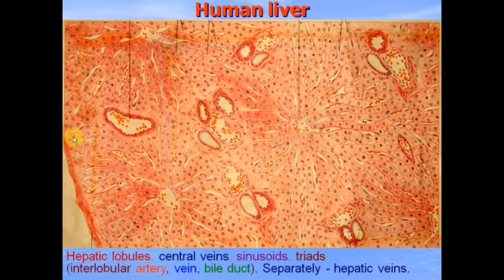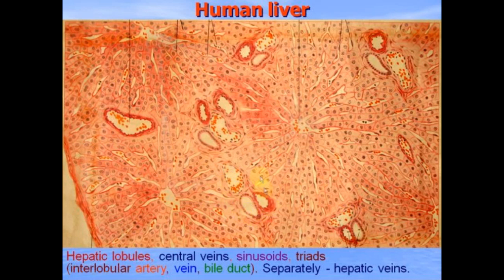This is a figure of human liver, with the connective tissue capsule around and lobules. In the center of the hepatic lobule there is the central vein and radially going sinusoid blood capillaries. Around the lobule are the interlobular artery, vein, and bile duct.